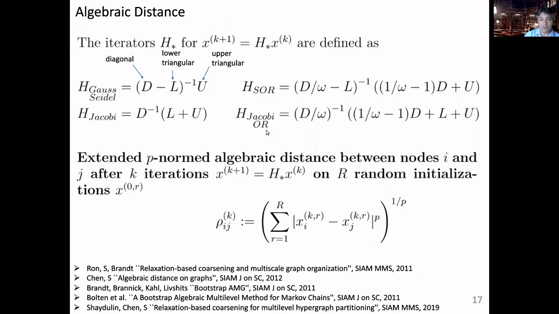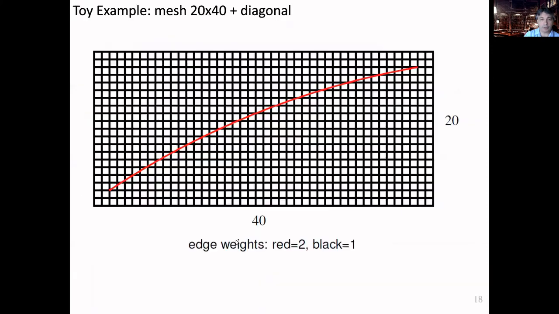Now, the algorithm is to use several steps of stationary iterative relaxations, and then the distance between the nodes will be measured by the distance between the relaxed values. And we can use random initializations. So in other words, we can do this in R-dimensional space, and we can do this k iterations where k is not that large.